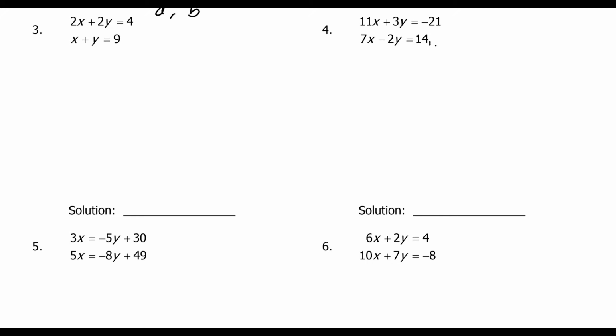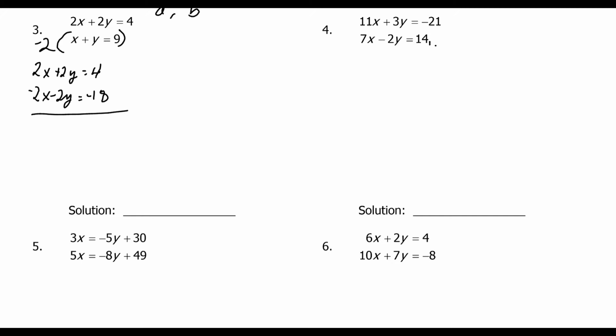In this case, I'm going to multiply the bottom row by negative 2. That's going to give me 2x plus 2y equals 4, and negative 2x minus 2y equals negative 18.